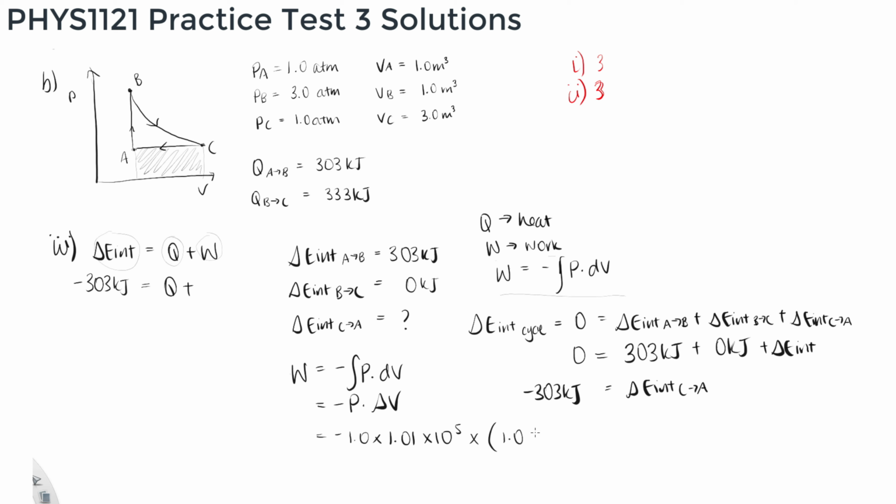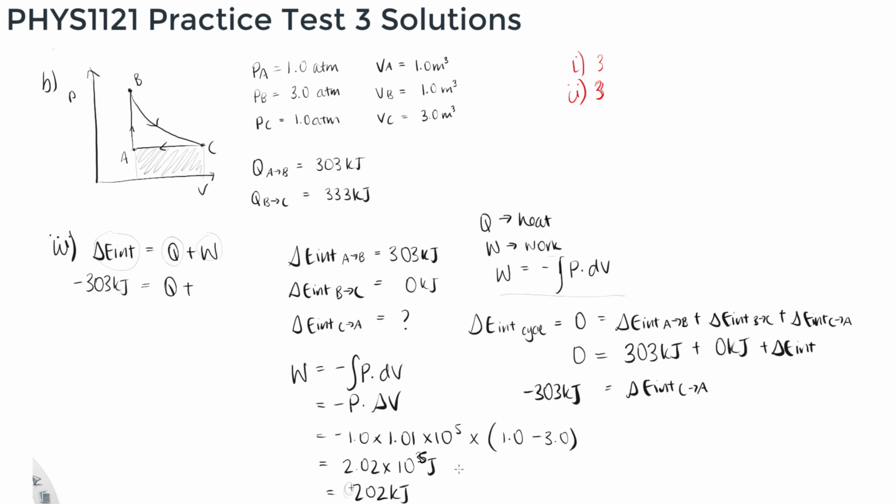So we're going from 3 cubic meters initially to 1 cubic meter finally. And then when we do that, we get 2.02 times 10 to the 5 joules, which is 202 kilojoules.